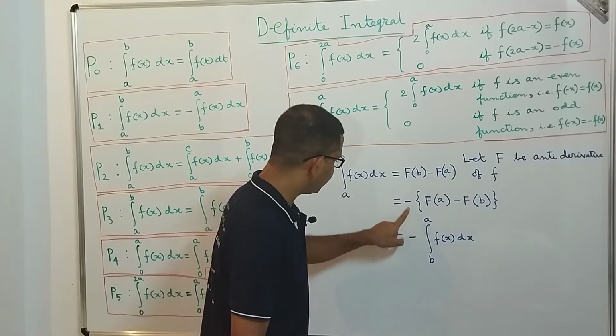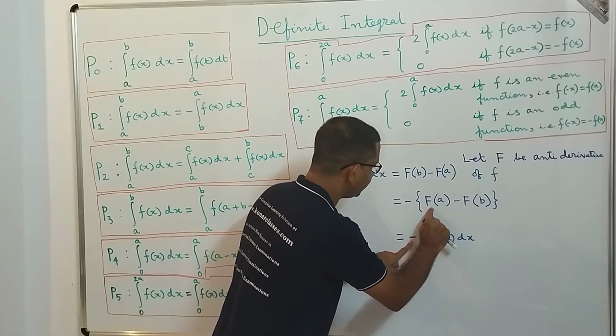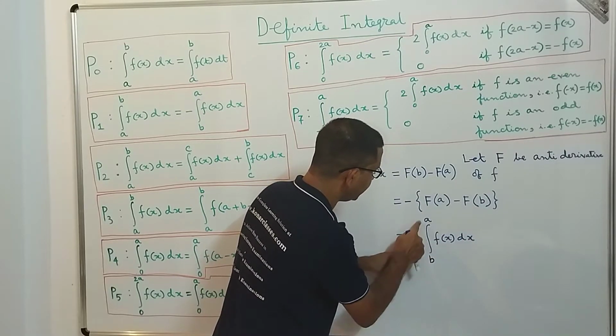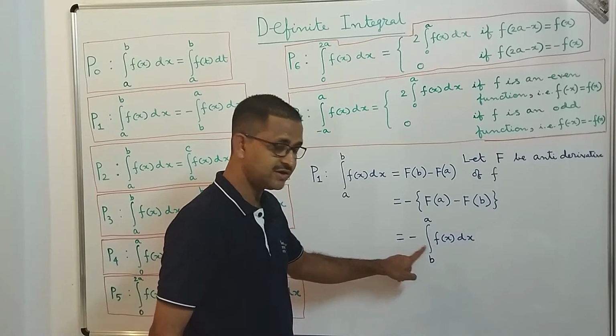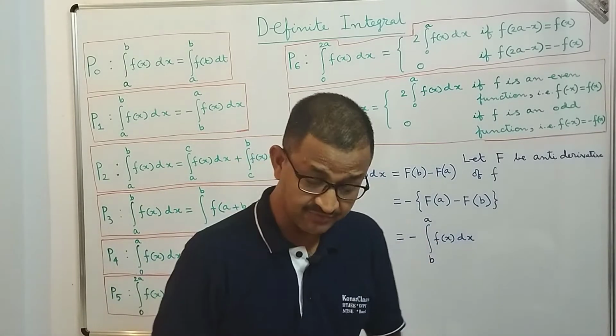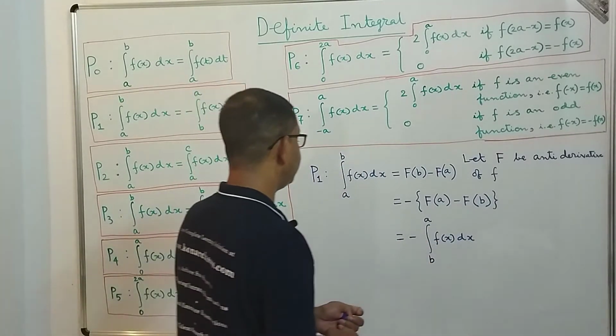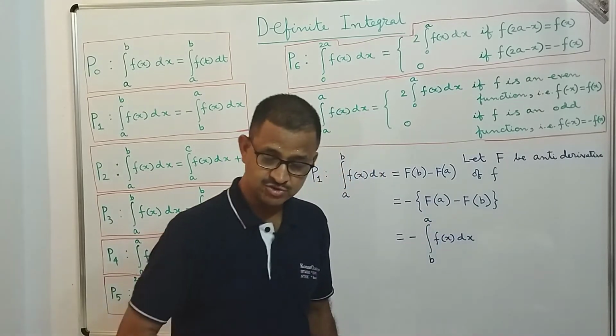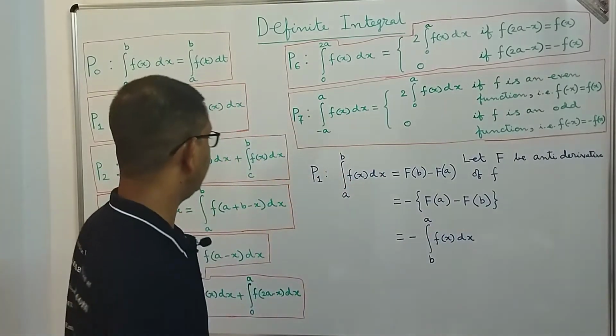Then we wrote this minus as it is. Now capital F(a) minus capital F(b) is nothing but the integral from b to a of lowercase f(x) dx, because uppercase F is the antiderivative of lowercase f. So we are done with property P1.